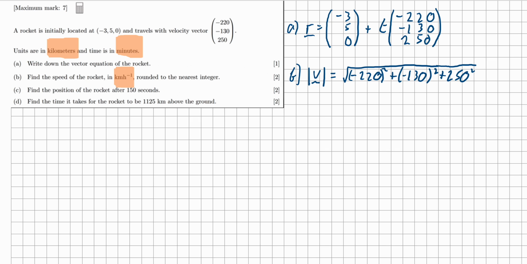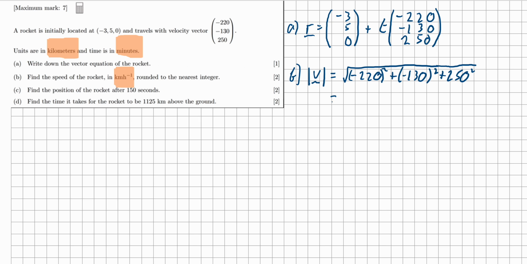If you bang that in your calculator, you end up with, well, let's just do it, 220 squared, 130 squared. And again, you can completely ignore the negatives in this. Like I say, if you're still having trouble with that, come and ask me and I'll show you where you're going wrong. Okay, and then you get a surd or radical, and you turn that into a decimal.